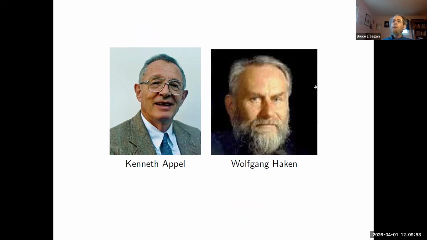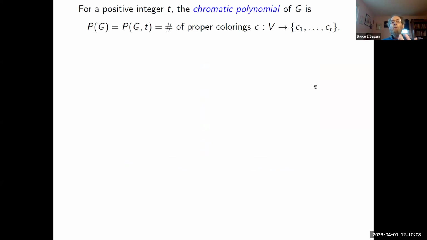Now, I do enumerative combinatorics. Notice the chromatic number is an extremal invariant, right? We're asking for a minimum. I'd like to turn this into a counting problem so I can do enumeration. And for that, we define the chromatic polynomial of the graph, P of G or P of G, T if I want to be a little more specific, to count the number of proper colorings that I have using a set with T colors.